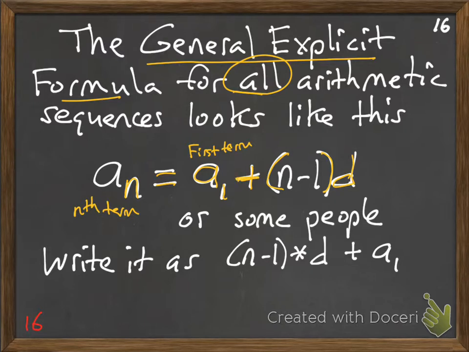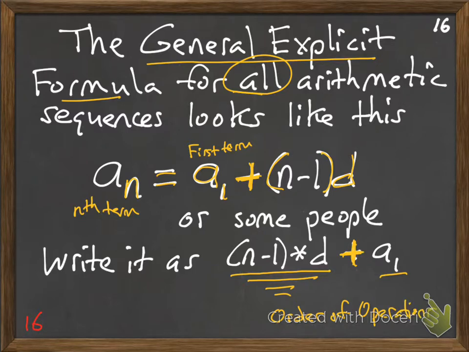Now, some people like to use the commutative property, and they'll switch the 2 parts that are getting added together. And so they like to put the n minus 1 times d first, and then add the a. Do be careful that you multiply these first, and then add. We have to follow our order of operations.